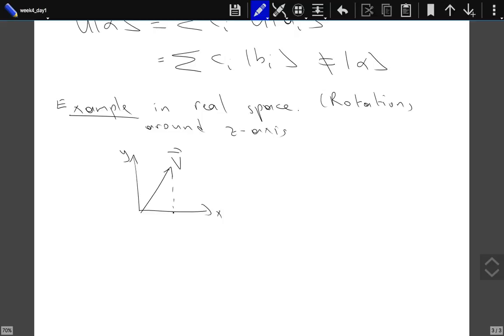It has components vx and vy. Well, I don't have to choose these coordinate axes. I could just as well have chosen this coordinate axis. Let's say this is x prime, this is y prime. In this new coordinate axis, v will have the components vx prime and vy prime.